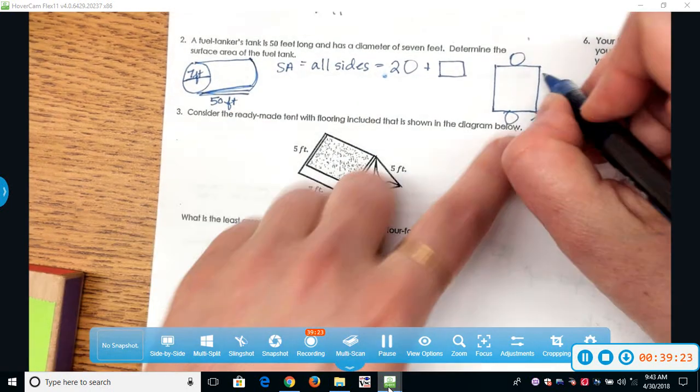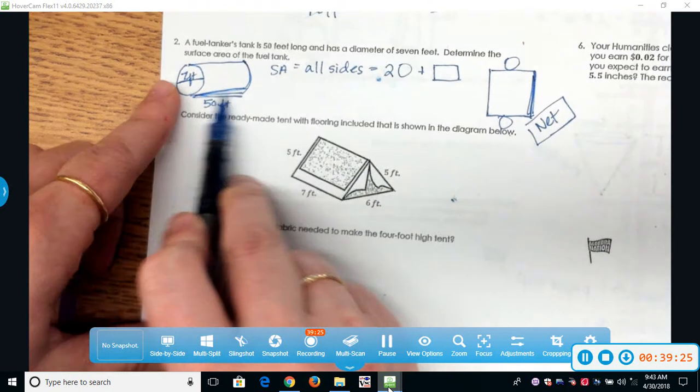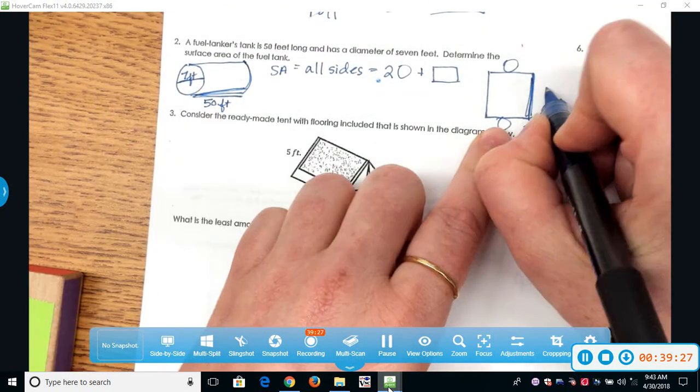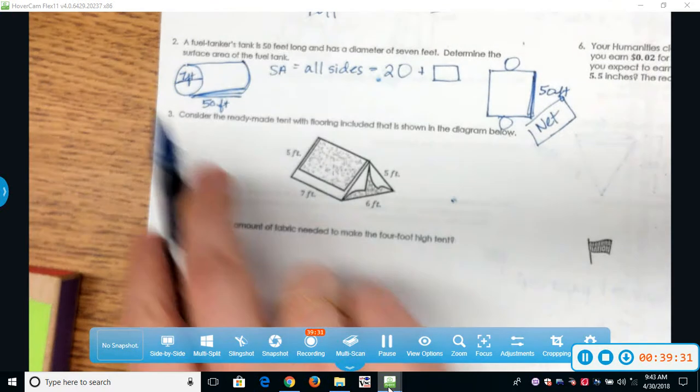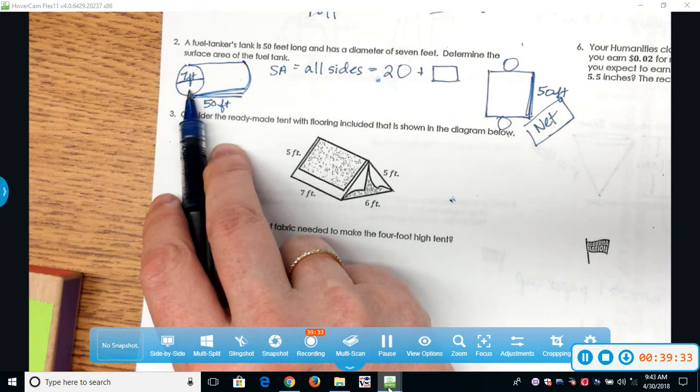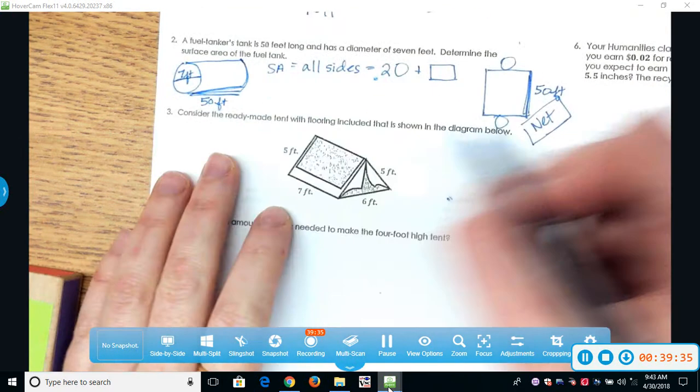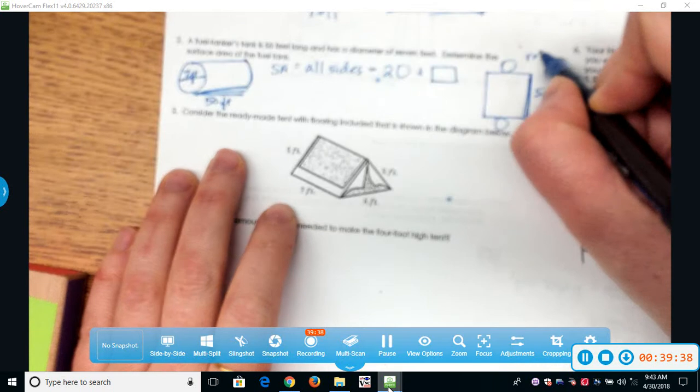We know the height of this rectangle, this side, is 50 feet. I know the diameter is 7, so what that means is my radius is 3.5.